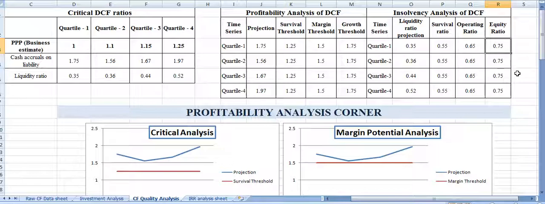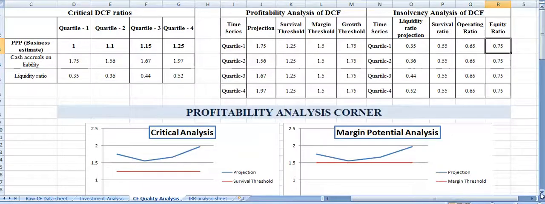Therefore, looking at these benchmarks, we have now created these benchmarks of survival ratio, the operating ratio, liquidity ratio, to compare the current liquidity ratio projection in the project, and trying to figure out at what point of time would there be enough liquidity in the system given the projected macroeconomic scenario, given the projected aggregated demand and aggregated purchase, and the projected efficiency within the system, within the domain.